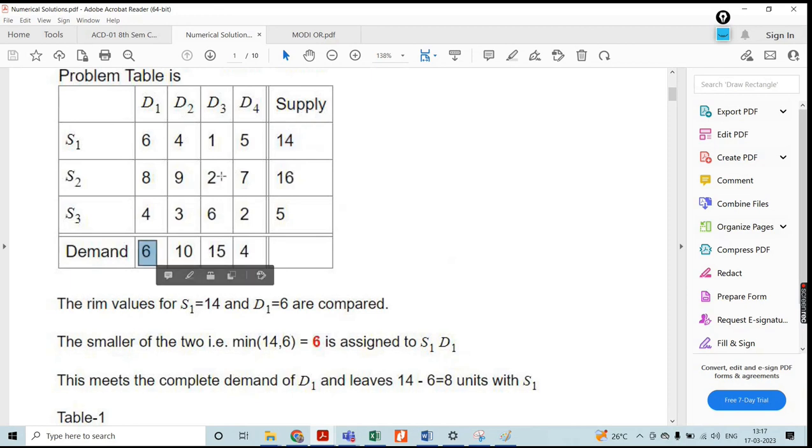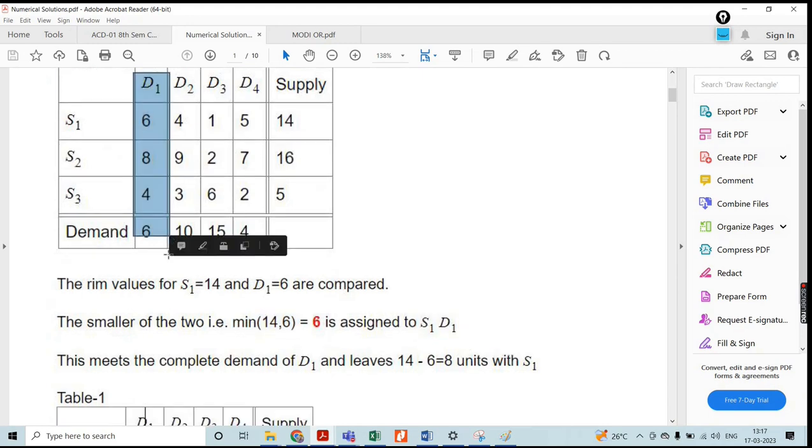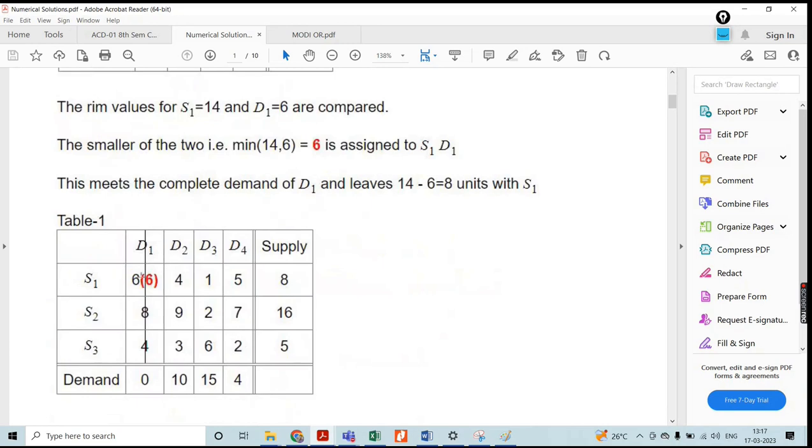Then I can meet this 14. Min of 14, 6, it is 6, which is assigned for S1 and D1. So I have to take 6 quantities.